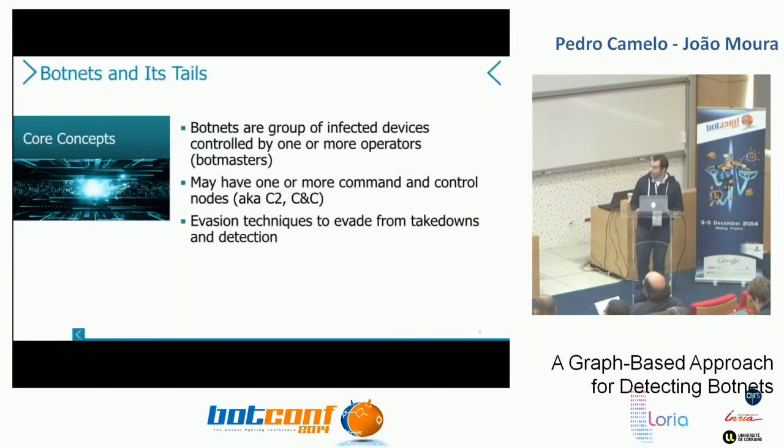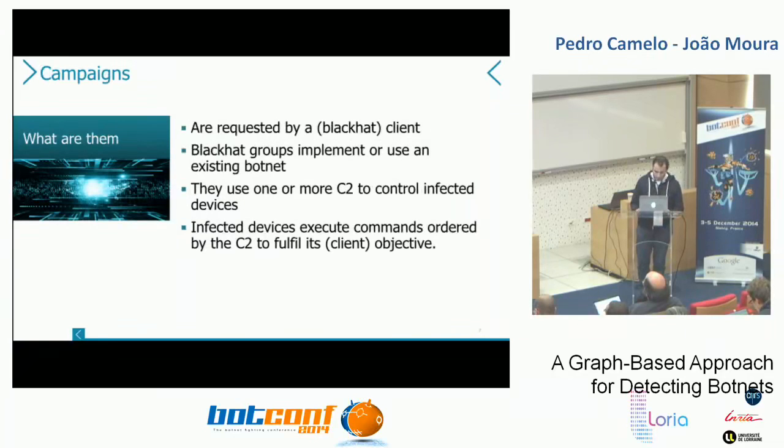They have evasion techniques, and they are requested by a black hat client. Very often, black hat groups use an existing botnet that they implemented already, and they use the infected devices from that botnet to execute commands ordered by the C2 to fulfill its objective.